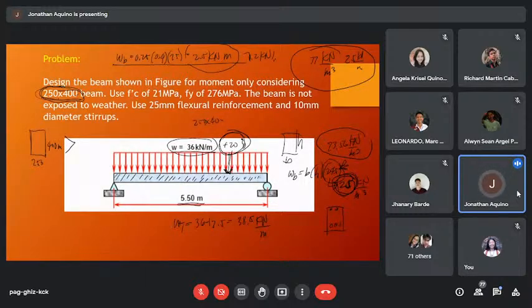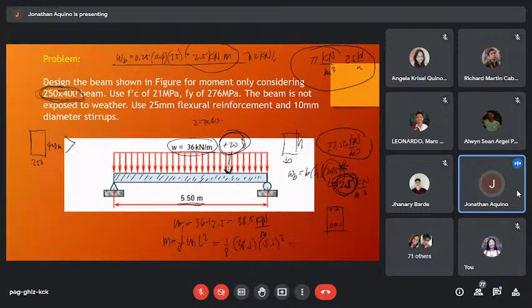By the way, the actual moment to be carried by your beam is just simply 1/8 WT L squared, which is equal to 1/8 times the total load of 38.5 times L of 5.5 squared.